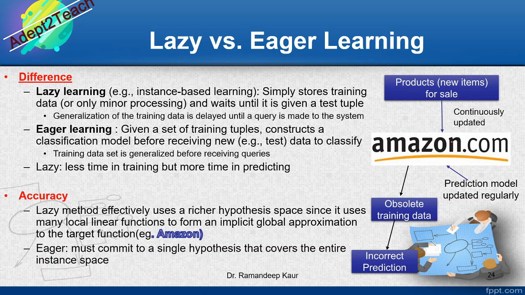Now an eager learner requires a lot of time, because when you get the training data set, you start constructing the model and training your system, and then when the query comes up, you respond. So you require more pre-computation time. You require more time for training because you are going for accurate prediction.